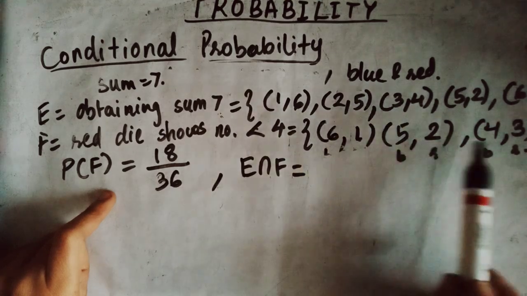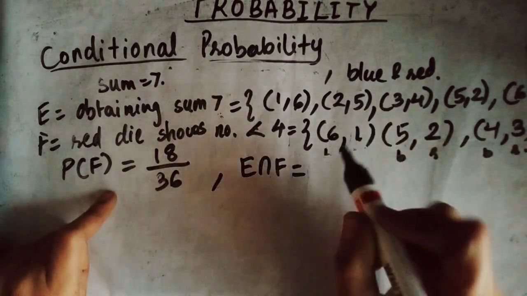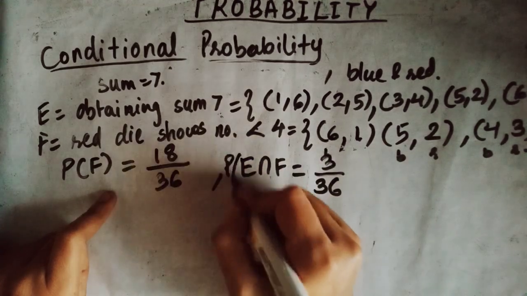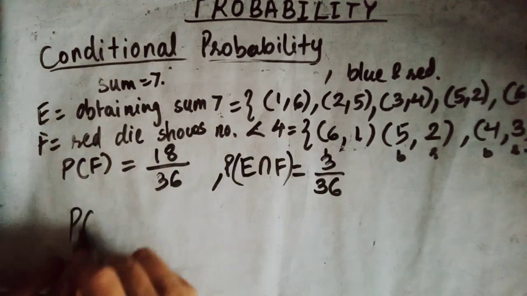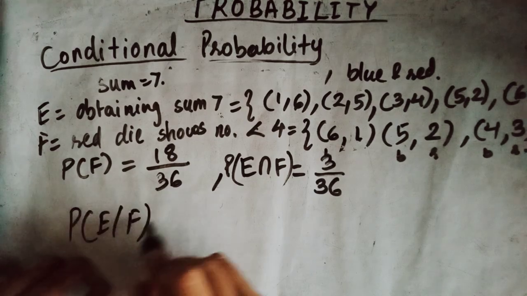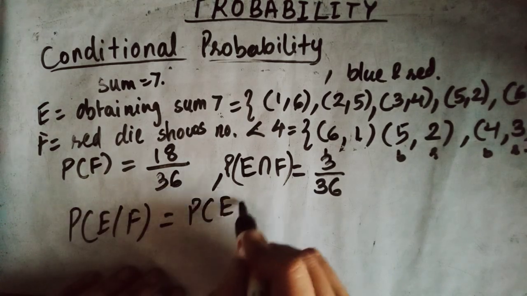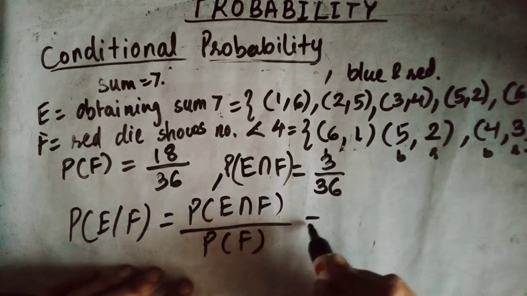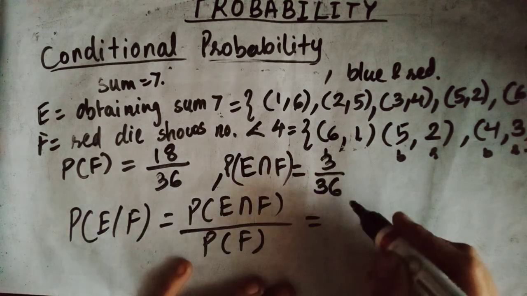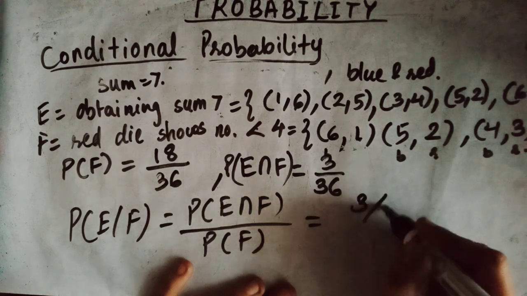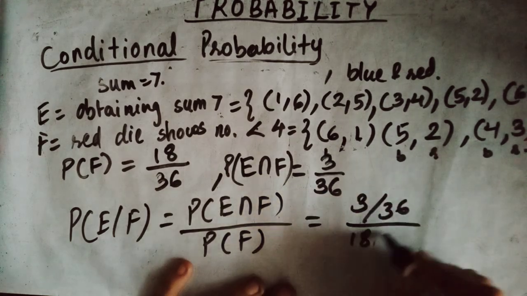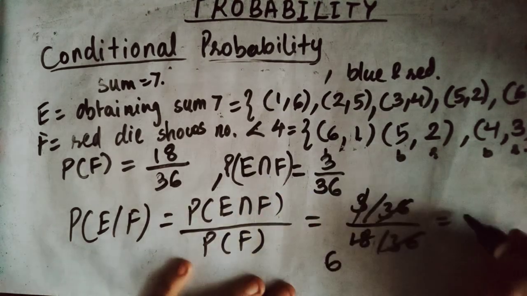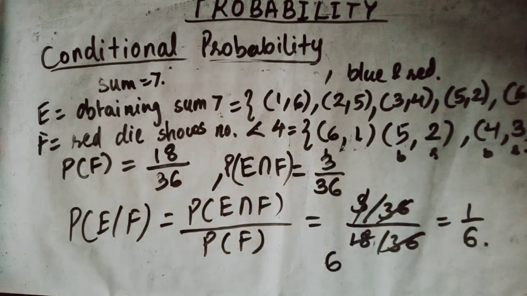Common 6 1, 5 2 and 4 3 between E and F. So 3 by 36. Okay, so your E over F will be P of E intersection F upon P of F. So E intersection F, 3 over 36 upon 18 over 36. So it will be 1 by 6. Okay.